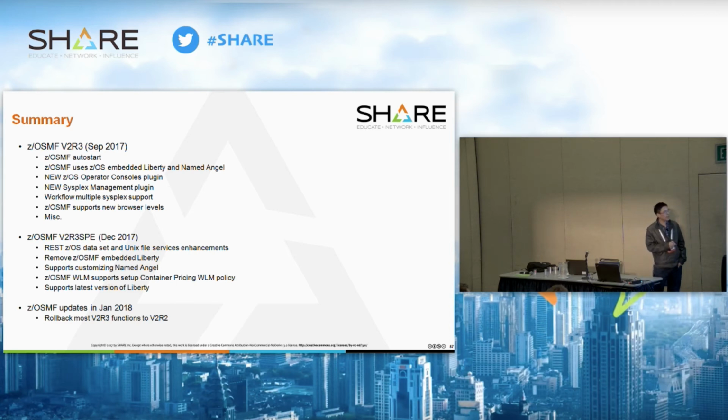We also keep enhancing the workflow framework to support performing jobs, REXX, and shell scripts in remote sysplexes. As usual, we support the latest browser levels in OSMF V2R3. In December last year, we also made a list of enhancements, as you can see here. And one month ago, you can get most of the OSMF V2R3 enhancements on V2R2. So that's all I want to share with you about the OSMF V2R3 updates.